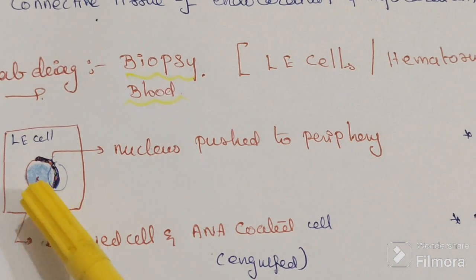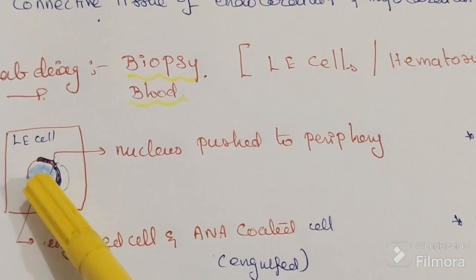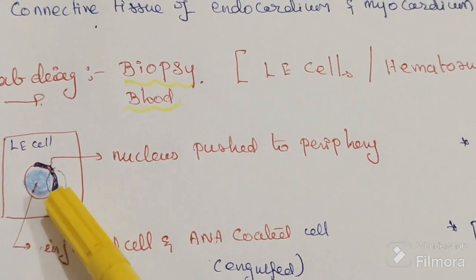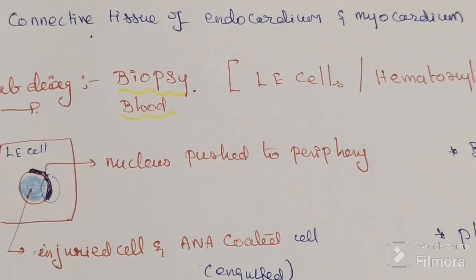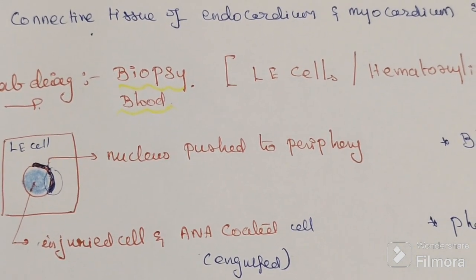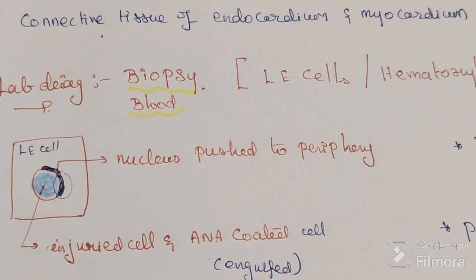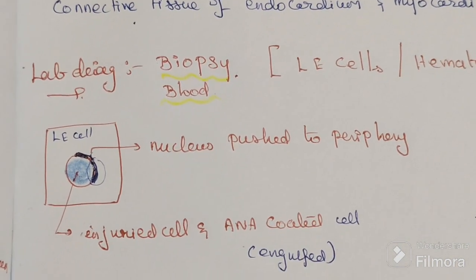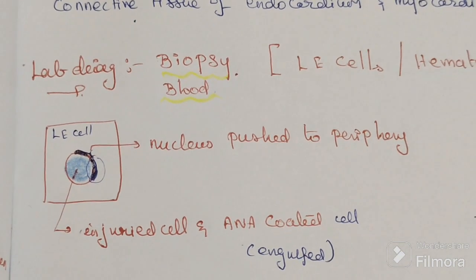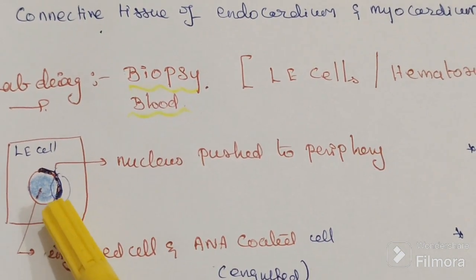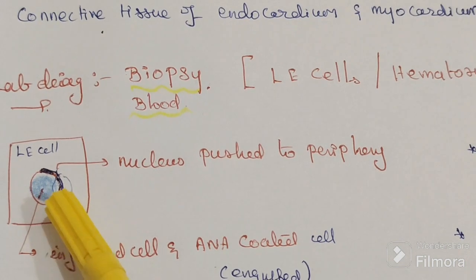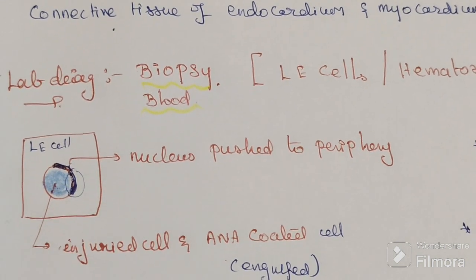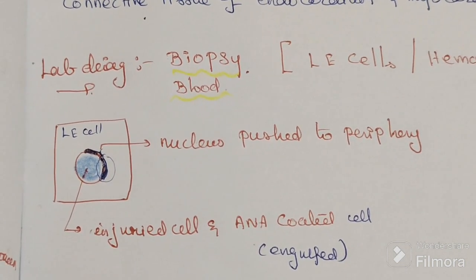That nucleus is pushed to the periphery. This cell, when the nucleus is pushed to the periphery, is called an LE cell.